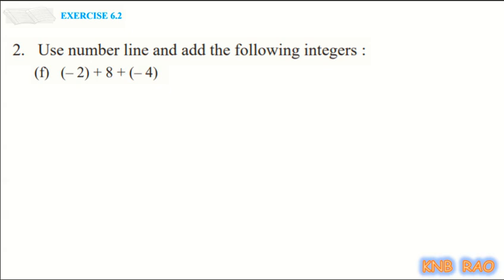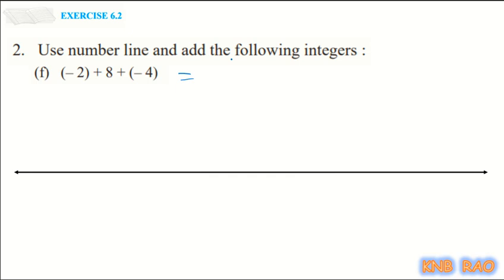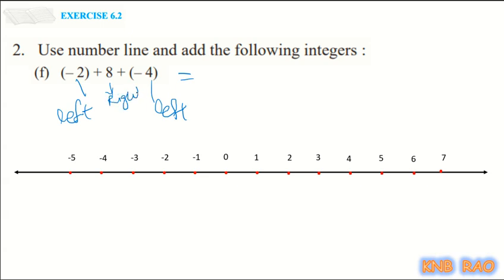Here next question of second question, sub question F, is adding minus 2 plus 8 and minus 4. We will find out using number line. Draw the number line, mark the points on it. So to add minus 2 I have to move left, and to add minus 4 I have to move left, but to add 8 I have to move right.